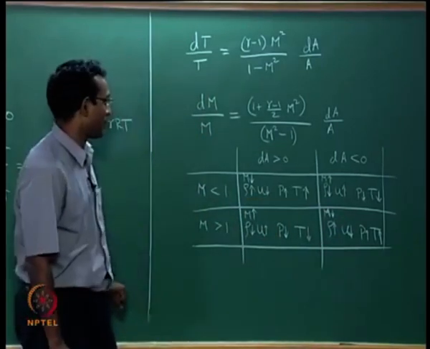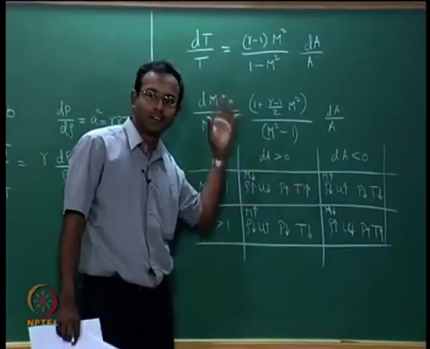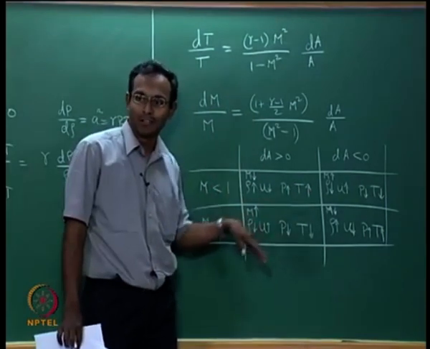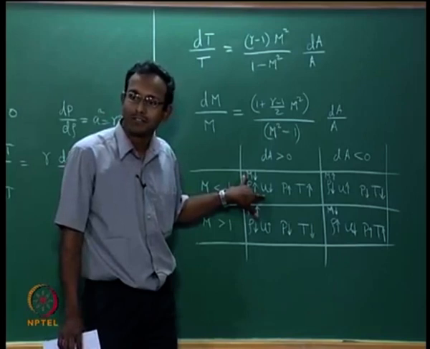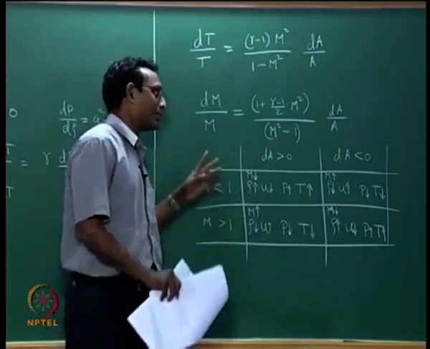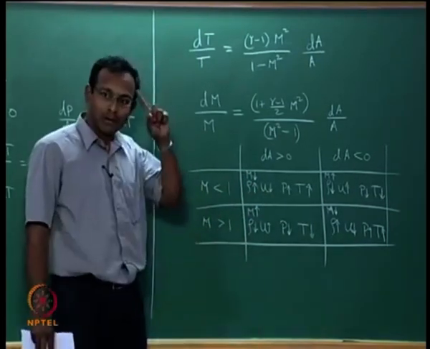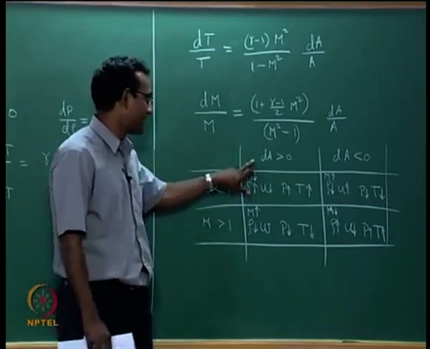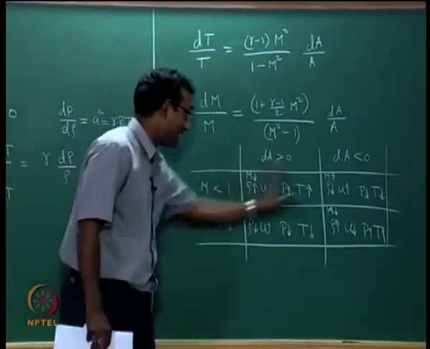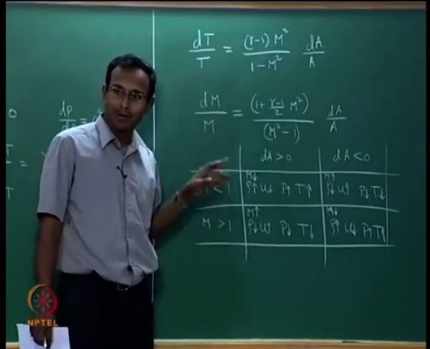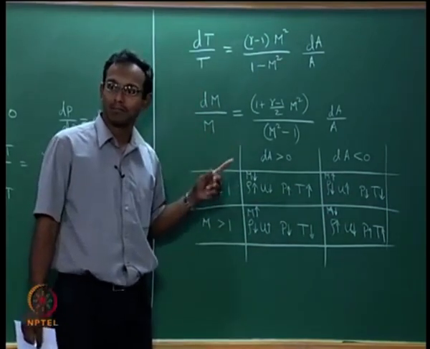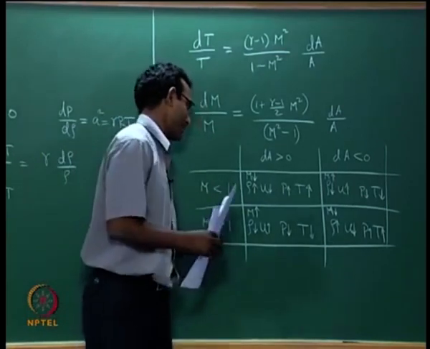So, an easy way to remember: P, rho and T, whatever is in your P equal to rho R T, they are all going to go one way, and the flow related things, Mach number and velocity, will go the opposite side. Now, you just need to remember only one thing, how does Mach number vary when I change area? If you remember that, you can tell anything else, because you are remembering the other statement, P, rho or T go opposite of U and M. That is an easy way to remember things.